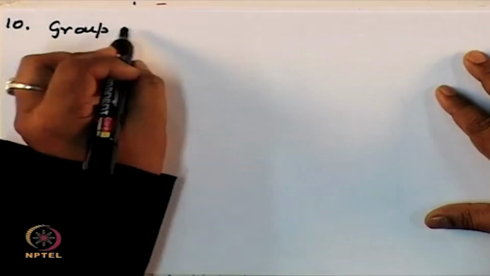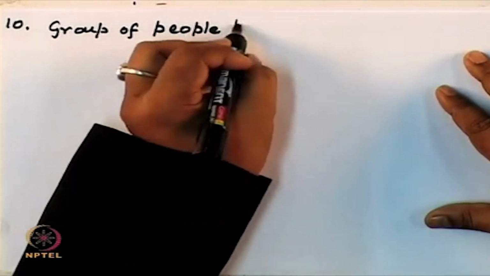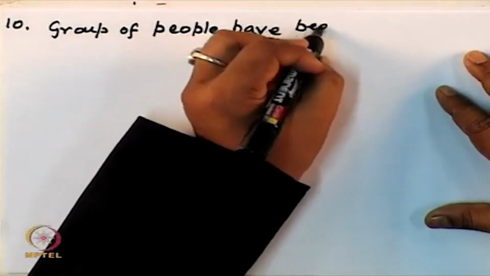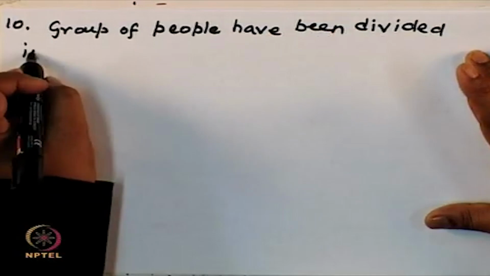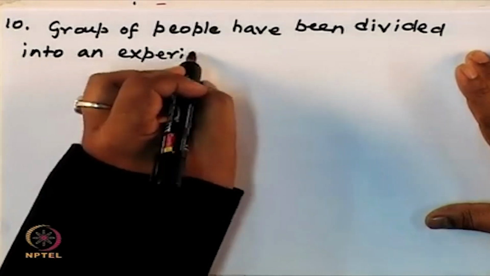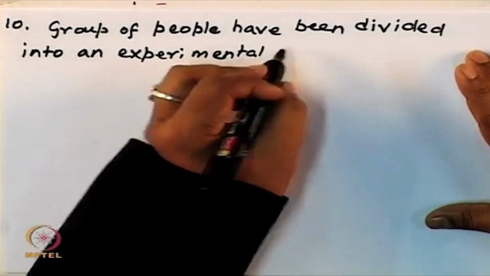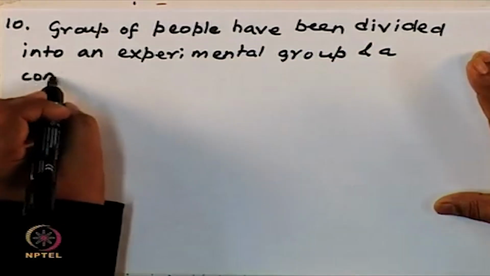Let us take another two examples to clear these ideas. Imagine that a group of people have been divided into an experimental group and a control group.